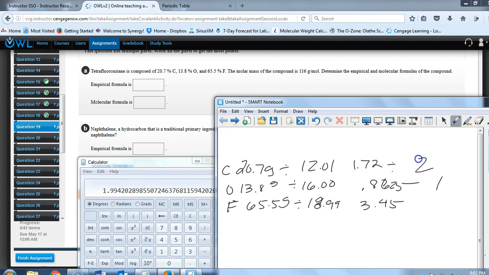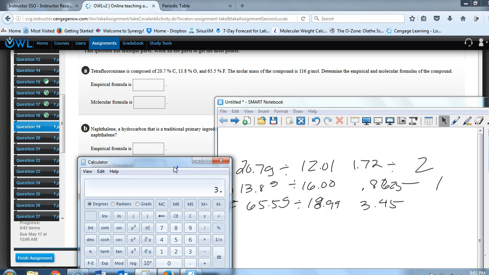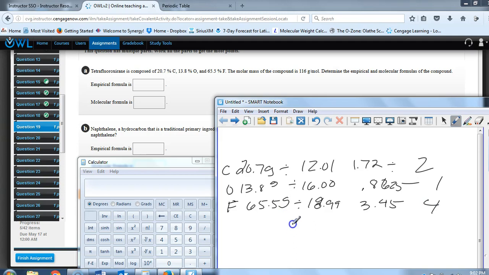So we got a 2 here, a 1 here, and 3.45 divided by 0.8625 is 4. So our empirical formula is C2OF4.